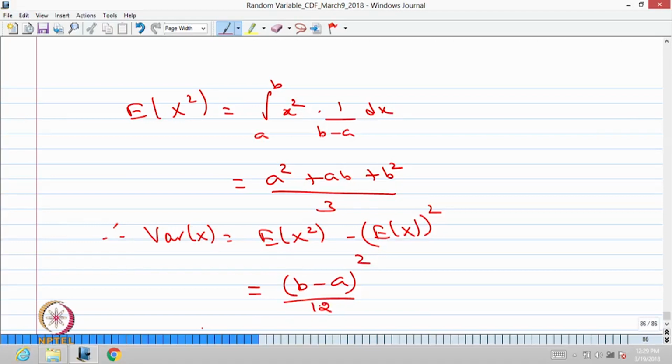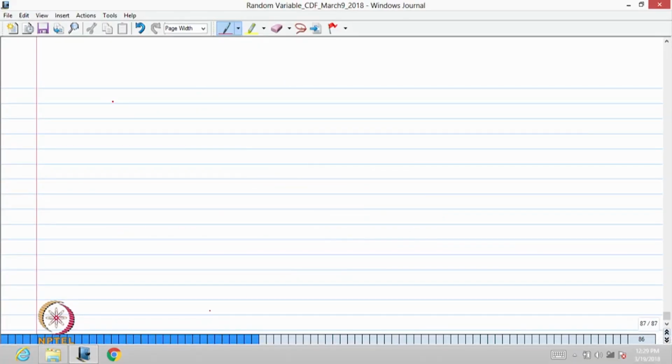This is a very important result. The mean of a continuous uniform distribution between the interval a to b is a plus b divided by 2, and the variance is b minus a the whole square divided by 12. One can get the moment generating function for continuous uniform distribution also. I am not going for the derivation, I am directly giving the result: e power bt minus e power at divided by t times (b minus a).